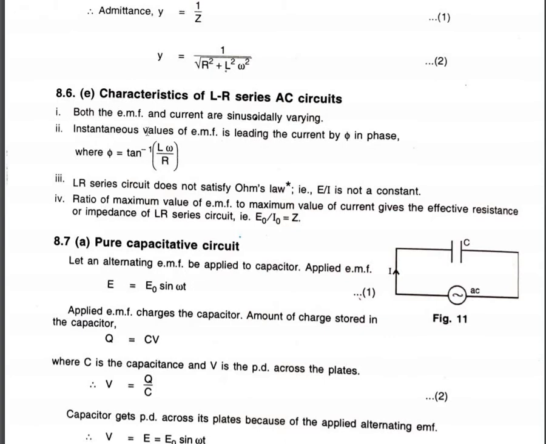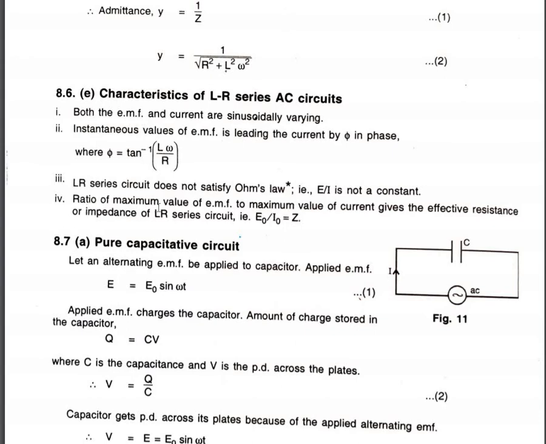Both EMF and current are sinusoidally varying in the case of an LR series circuit. And the instantaneous value of the EMF leads the current by an angle phi, and the angle phi is equal to tan inverse L omega by R. And an LR series circuit does not satisfy Ohm's law, that is, in the case of an LR series circuit, E by I is not a constant.